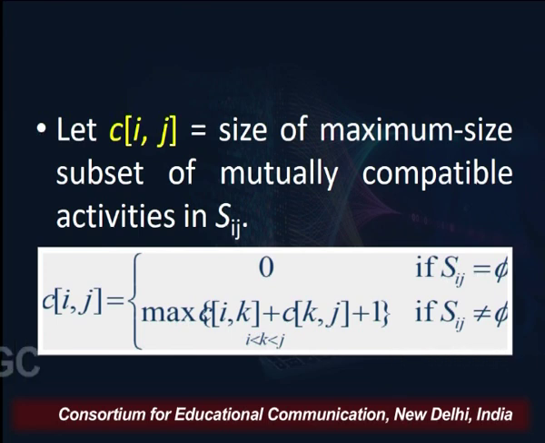So, this is the situation where we have already picked up A_k. So, we are going to now pick the maximum size mutually compatible activities, which is the max of C_ik plus C_kj plus 1 for that which we have already chosen. In this way we are going to build a kind of recursive solution.